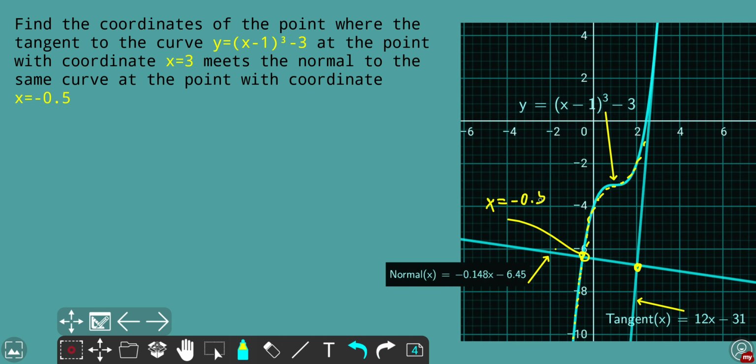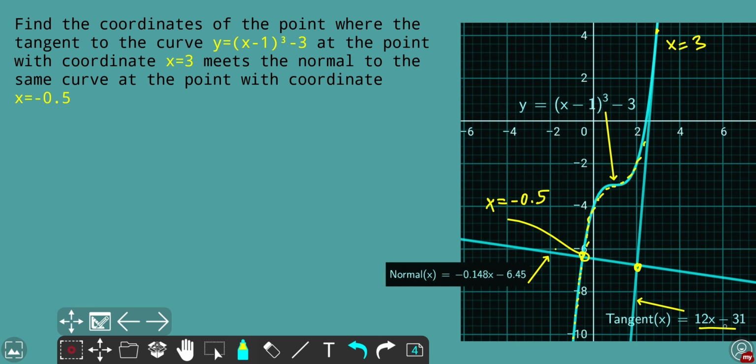And another coordinate is x equals 3. So at x equals 3 we have a tangent line to the curve, and here is the tangent line with the equation 12x minus 31. That's what we've got, okay?